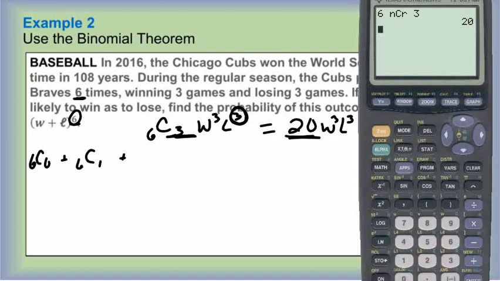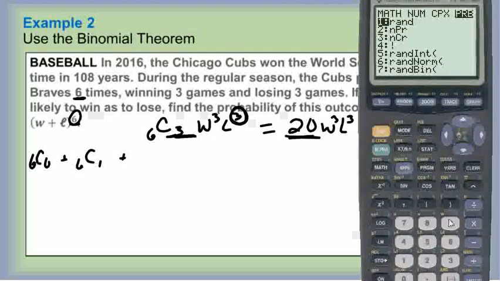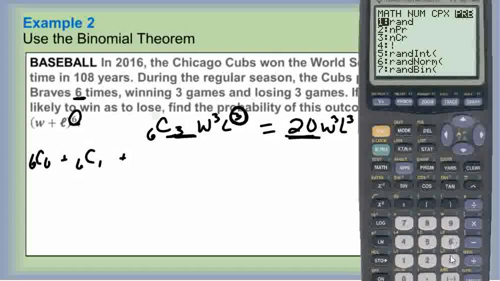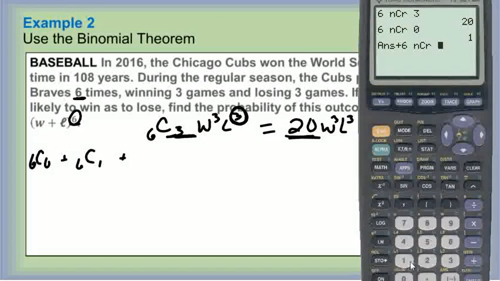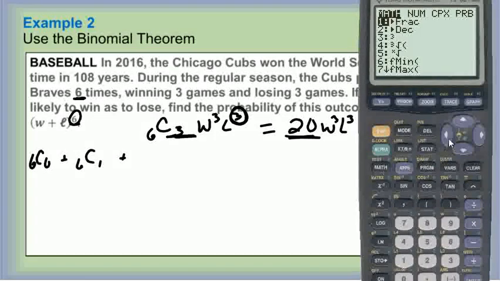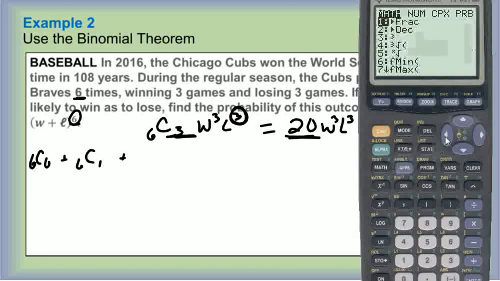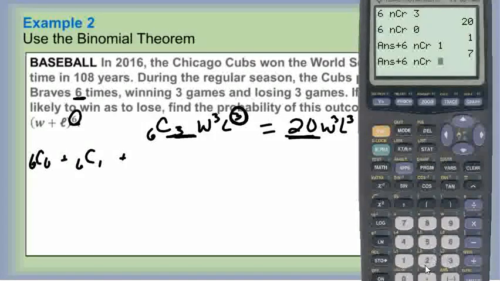So to do that on a calculator, we got 6 math, choose, and a 0, enter, plus 6 math choose 1, enter, plus 6 math choose 2. Oh, I gotta go back to that. Math, choose number 3, and it's going to be a 2.